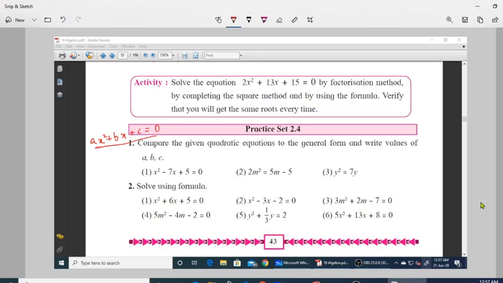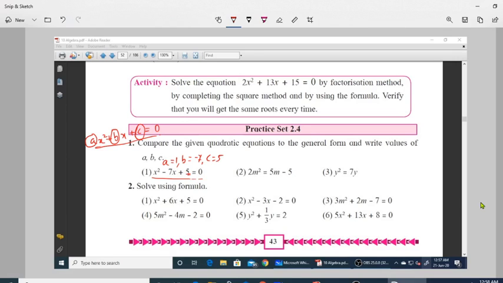This is the standard form of any quadratic equation. And the coefficient of the first term is a, the coefficient of the second term is b, and the coefficient of the third term is called c. So as you can observe, this equation is already in standard form. This is ax square plus bx plus c equals to 0. So simply we can find the value of a, b, c in this equation. A is 1, b is minus 7, and c is plus 5.